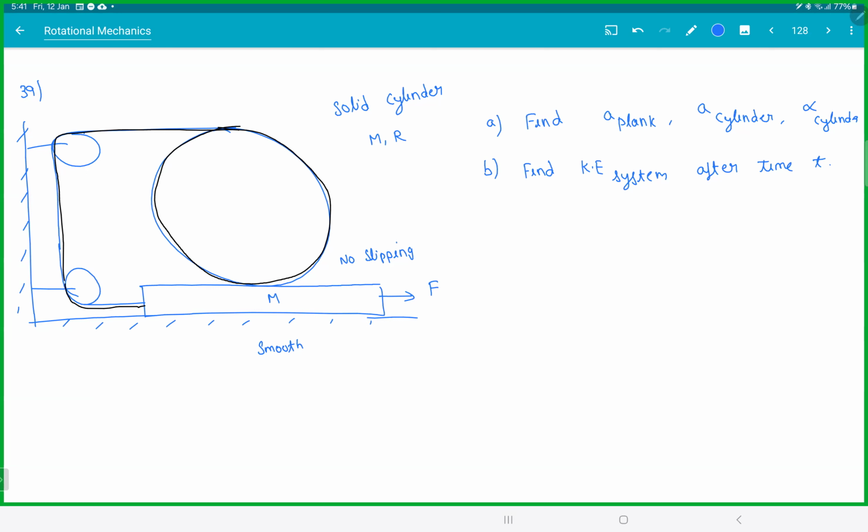And remember, no matter what problem I gave, the process is the same. FBD, assign accelerations and alpha, relation between them, force equation, torque equation. So this is the same story I'm repeating from last class. Let's get this.